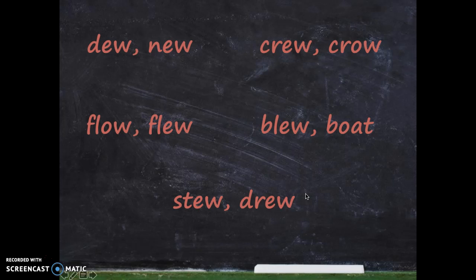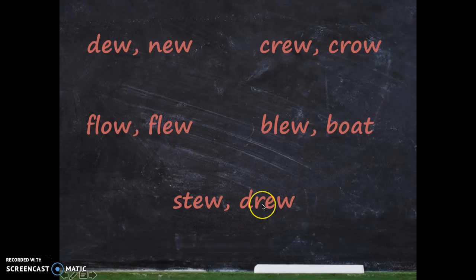Now, we have some word pairs that I would like you guys to look at. The word pairs that I have are do and new, crew and crow, flow and flew, blue and boat, stew and drew.